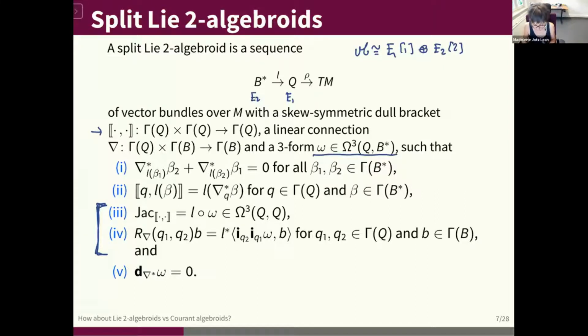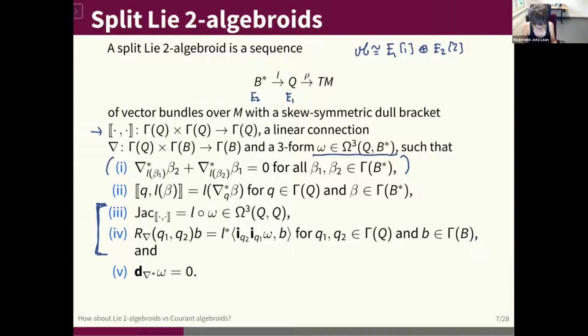So those are all objects that you get from writing down your homological vector field in coordinates. So again, there's really no need to understand all the details. I see this maybe as some additional technicality.